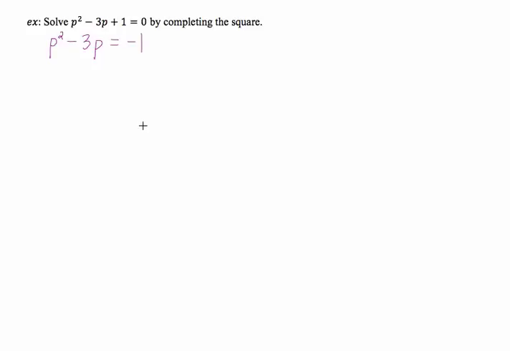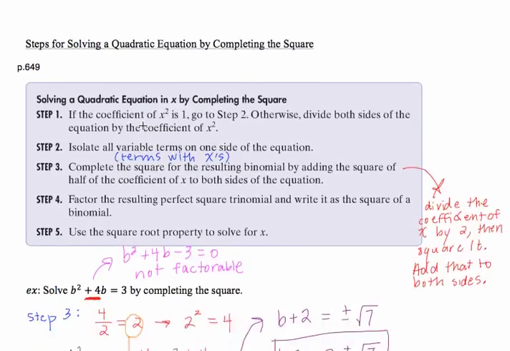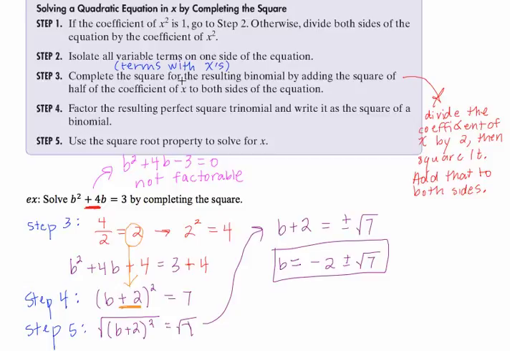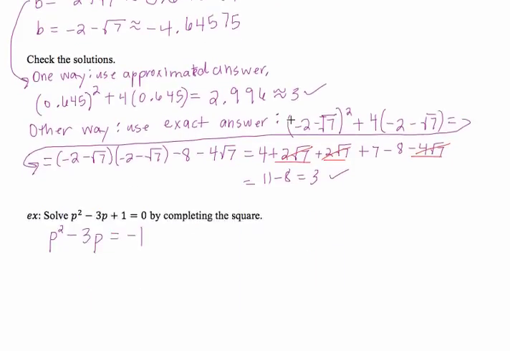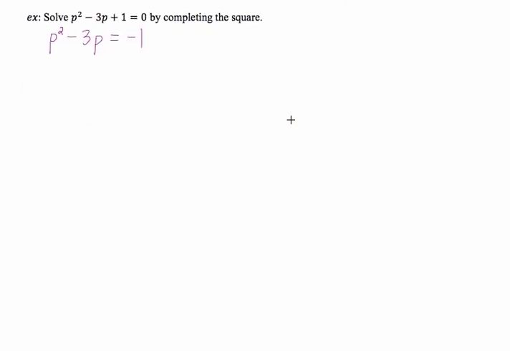And then that puts us at step 3, just to complete the square for the binomial on the left side by adding the square of half the coefficient of x to both sides. So we take that coefficient of p, now you do include the sign, so the coefficient of p is -3, so we divide that by 2, and then we square the result. -3/2 all squared would be +9/4.